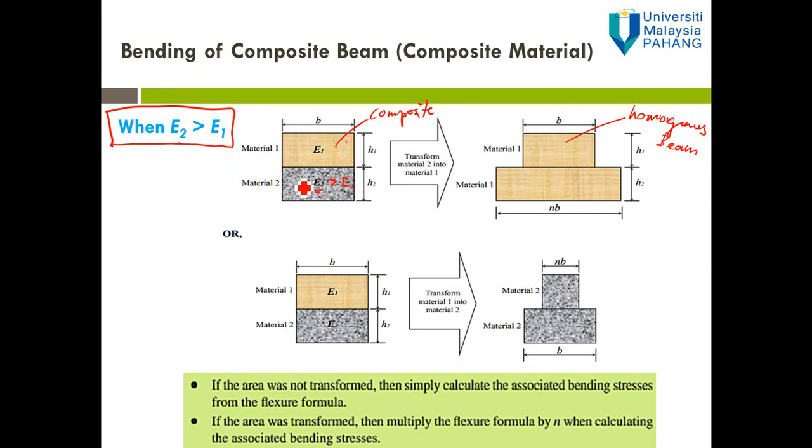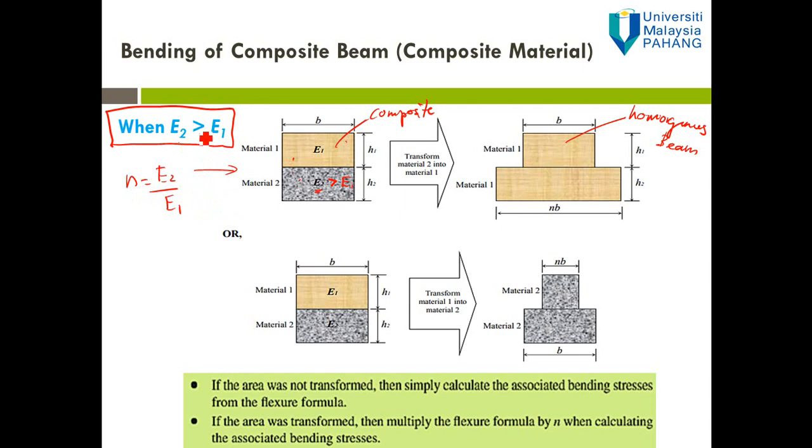If you want to transform material 2 into 1, you have to multiply by the factor of n. For this case, n is equal to E2 over E1.